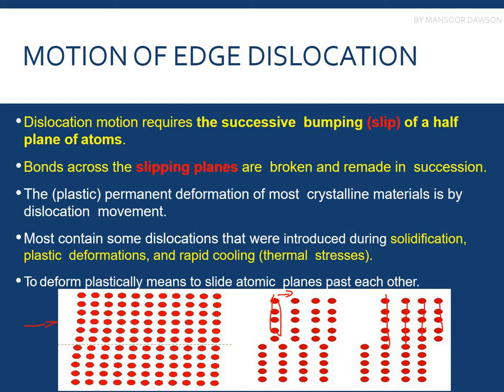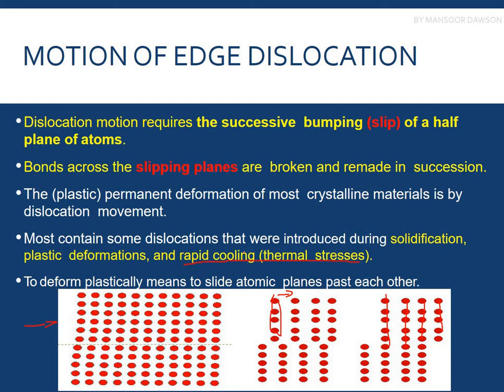Okay, so how are these dislocations introduced in the material? They are introduced basically when the material is solidified from a liquid state, and also if we suddenly cool a liquid metal into a solid form, it causes thermal stresses, as mentioned here.